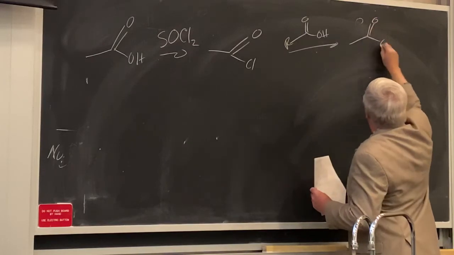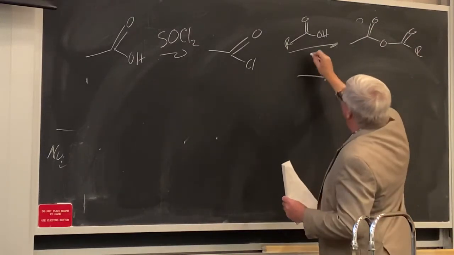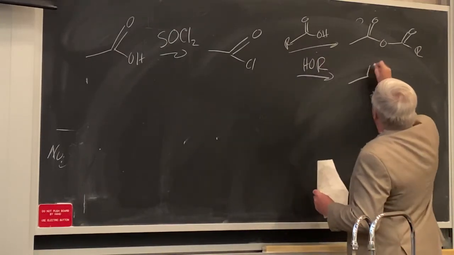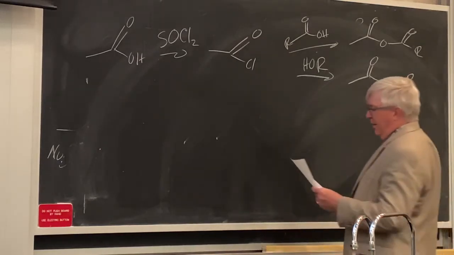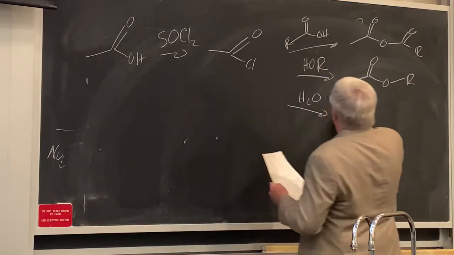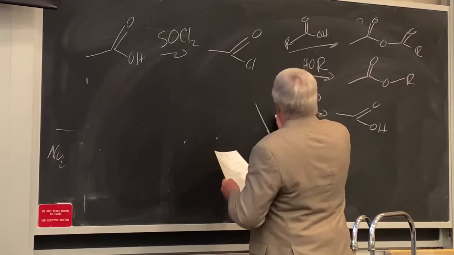The anhydride. Okay. If we react it with an alcohol, we can what? Form the ester. Okay. If we react it with water, we just go back, of course, to the carboxylic acid. We react it with an amide.